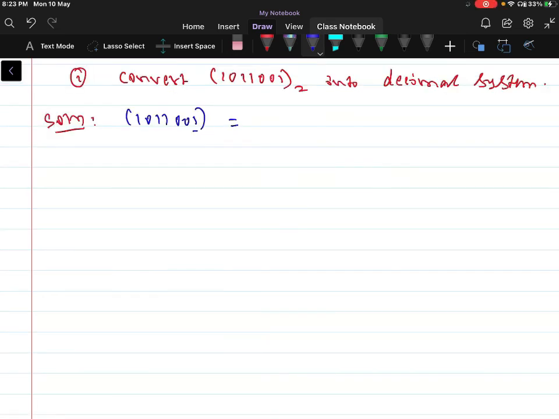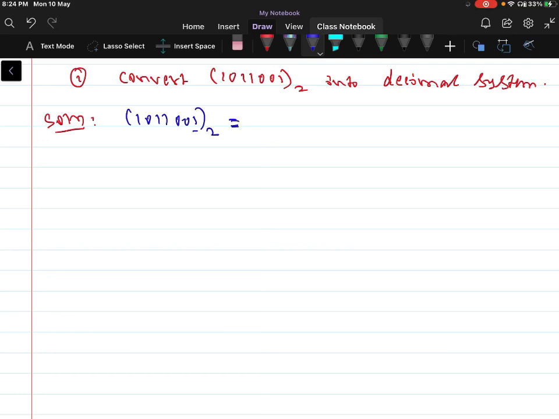Example: convert the number 1011001 into the decimal system. Given 1011001 with base 2, that can be written in decimal form.